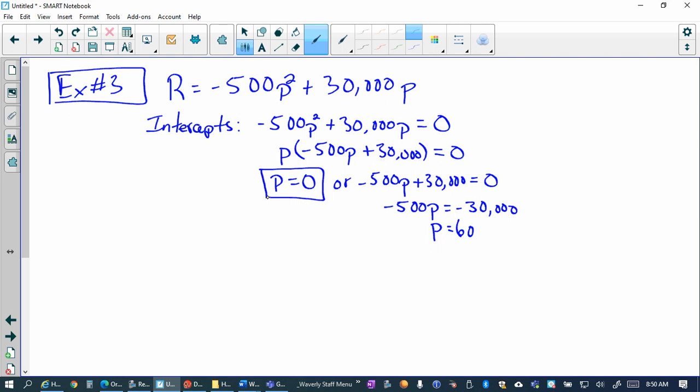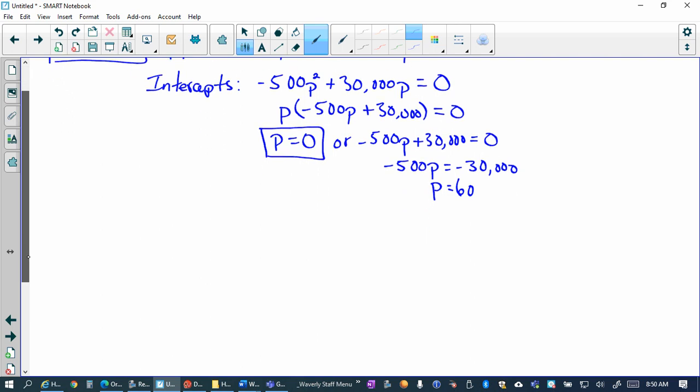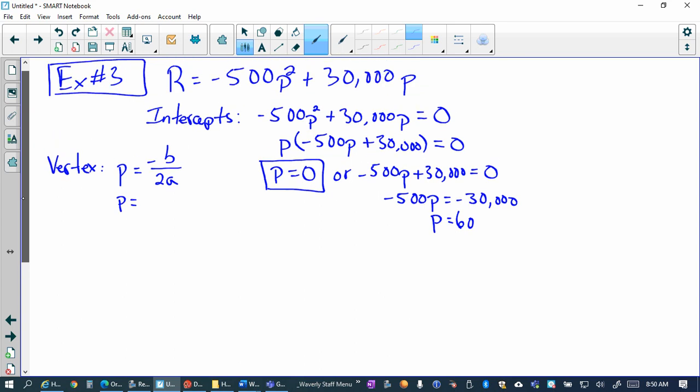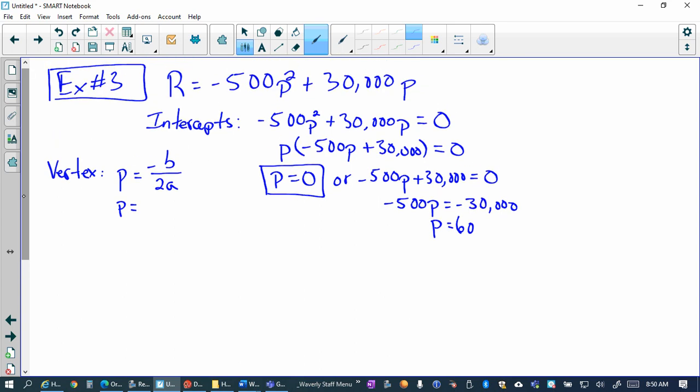Now, we need a third point. How about the vertex? X equals negative b over 2a. Instead of using an x, we use a p. P equals negative b over 2a. Well, what is our b in the equation ax squared plus bx plus c?